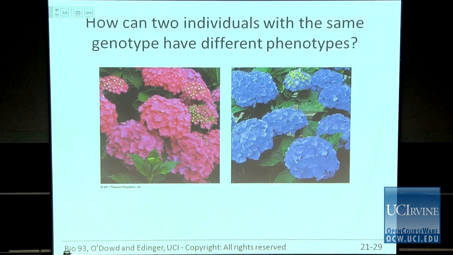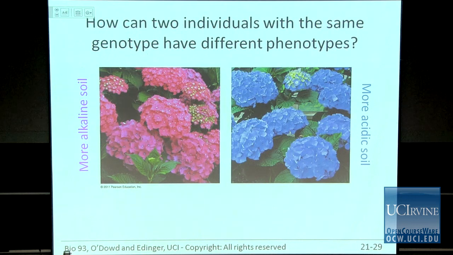Okay, now this slide is very important. I'd like you to pay attention. This is the last slide, so we're almost done. How can two individuals with the same genotype have different phenotypes? These are hydrangea plants. They are clones of each other, and yet they look very different phenotypes. That's because this plant was grown in more alkaline soil. This plant was raised in more acidic soil.